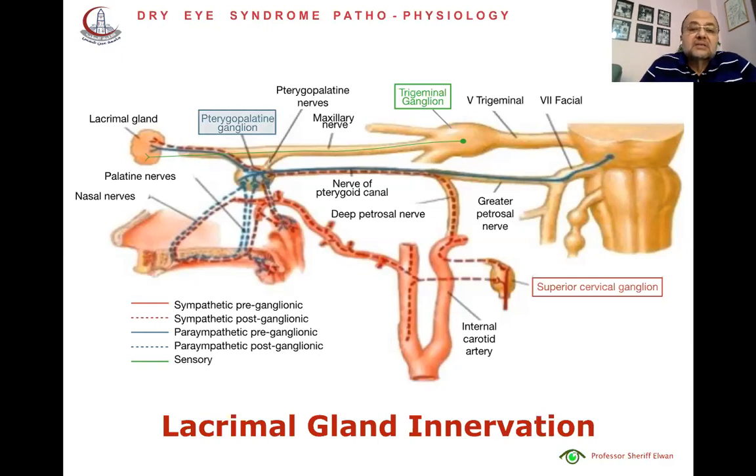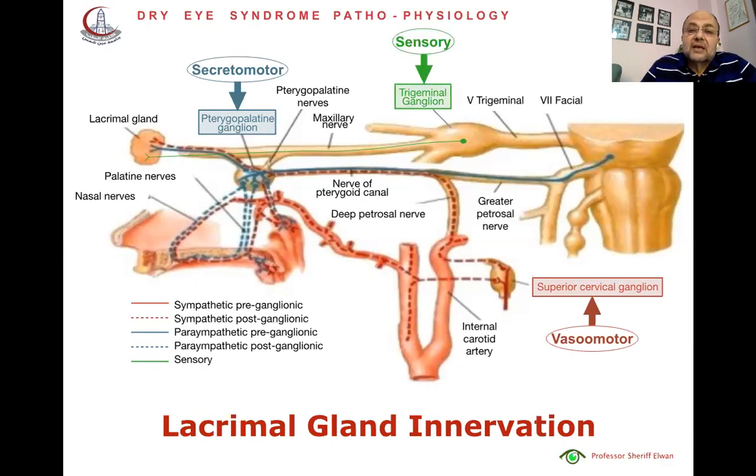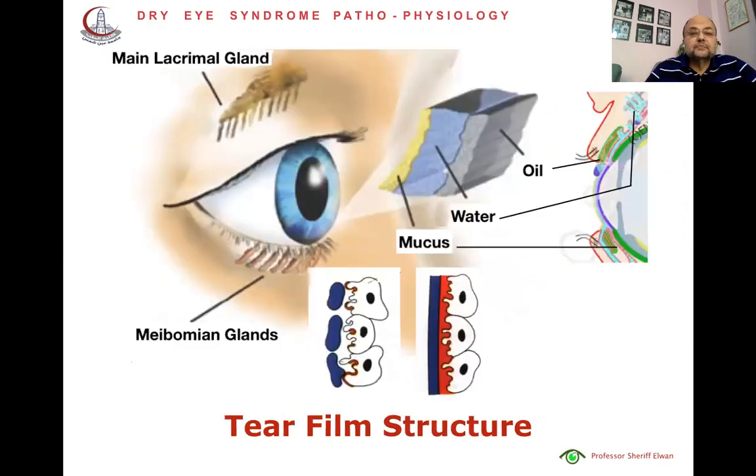The parasympathetic system gives secretomotor fibers that pass and relay in the pterygopalatine ganglion, and the sympathetic system gives vasomotor fibers that relay in the superior cervical ganglion and pass via the nerve of the pterygoid canal and the deep petrosal nerve into the lacrimal gland. Sensory innervation comes from the trigeminal ganglion and passes through the maxillary nerve.